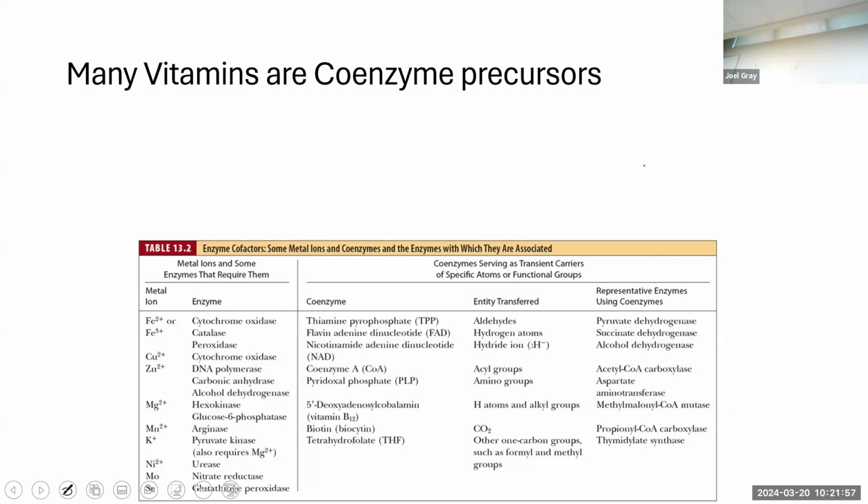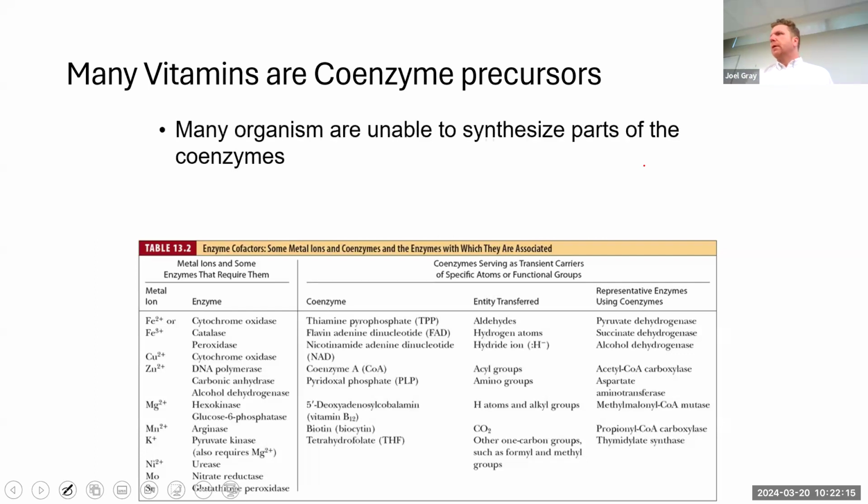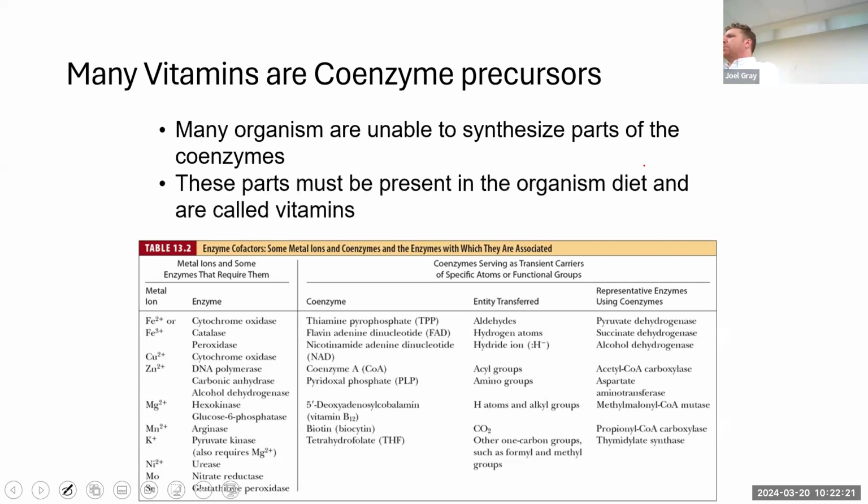So vitamin B12, for example, I believe that's riboflavin, or commonly known as riboflavin. And many of these other coenzymes are organic molecules that you take as part of a multivitamin. Many organisms are unable to synthesize parts of these coenzymes, so they have to get them from their diet. These parts must be present in the organism's diet and are called vitamins.